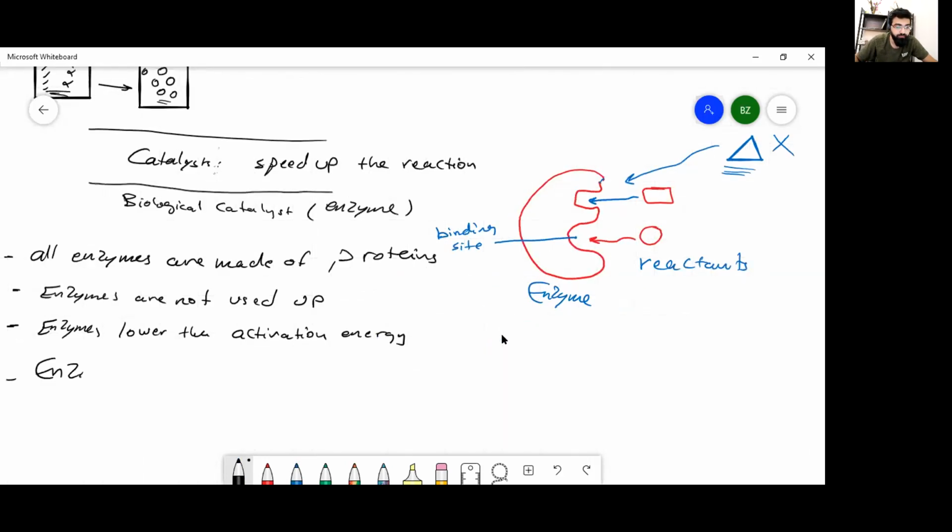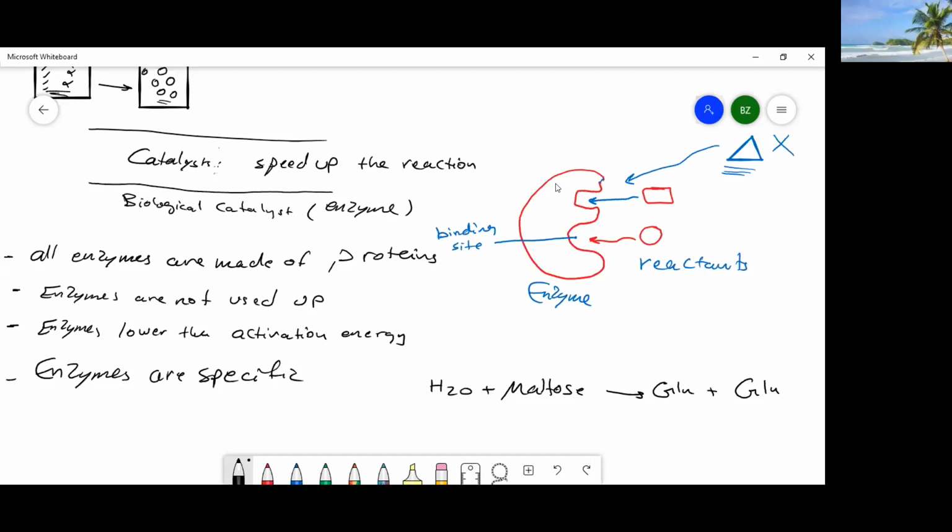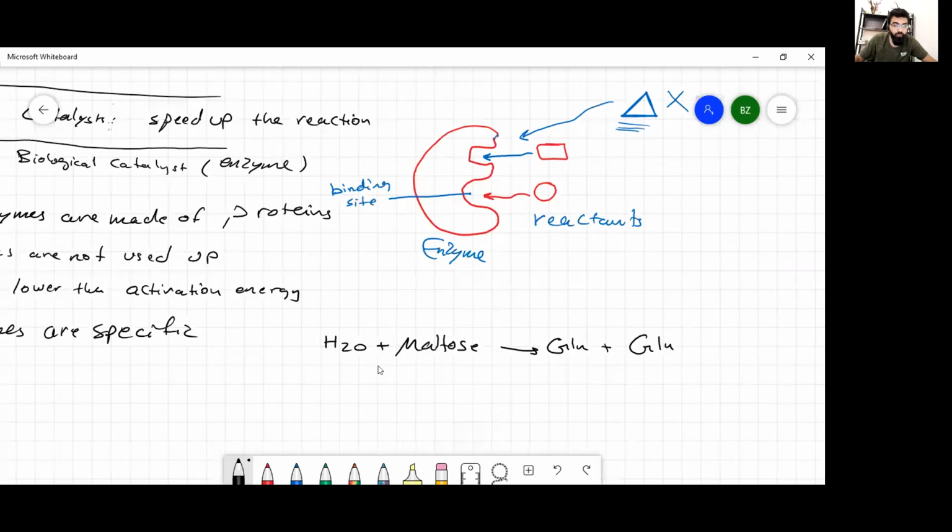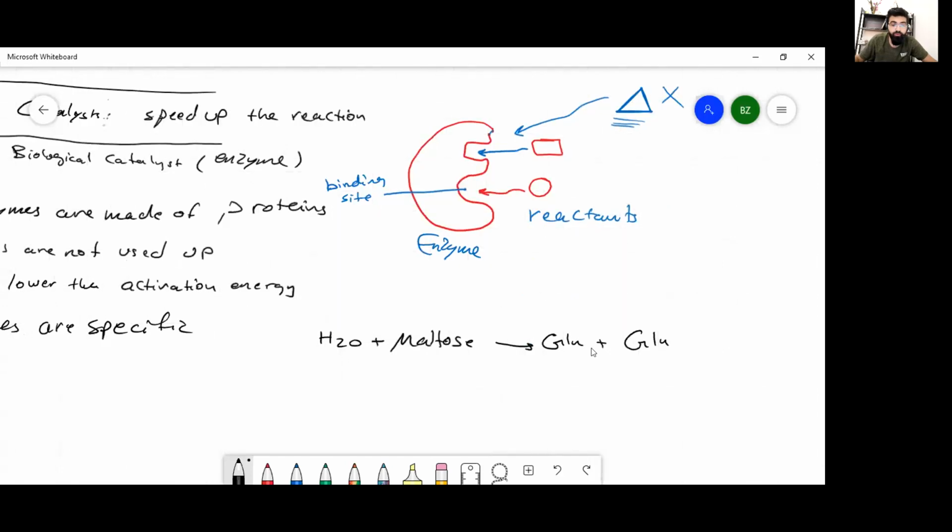Enzymes are specific. It means, for example, the enzyme used to break down maltose into glucose and glucose. You remember? Glucose and glucose give you maltose, right? Plus H2O, water. You need water for a hydrolysis reaction. So water and maltose react together to give you glucose and glucose.